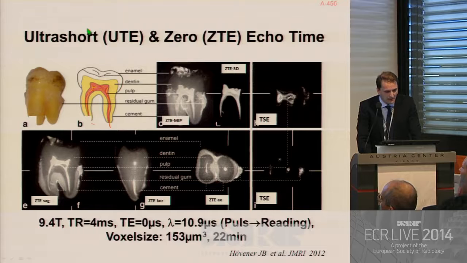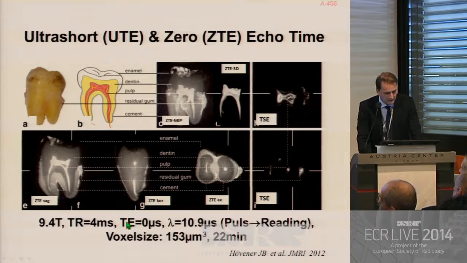Another possibility are these ultrashort and zero echo time sequences that give very close insight into the teeth. And you can see this is the normal structure of the teeth, that we can discriminate enamel, dentine, and pulp with MRI.